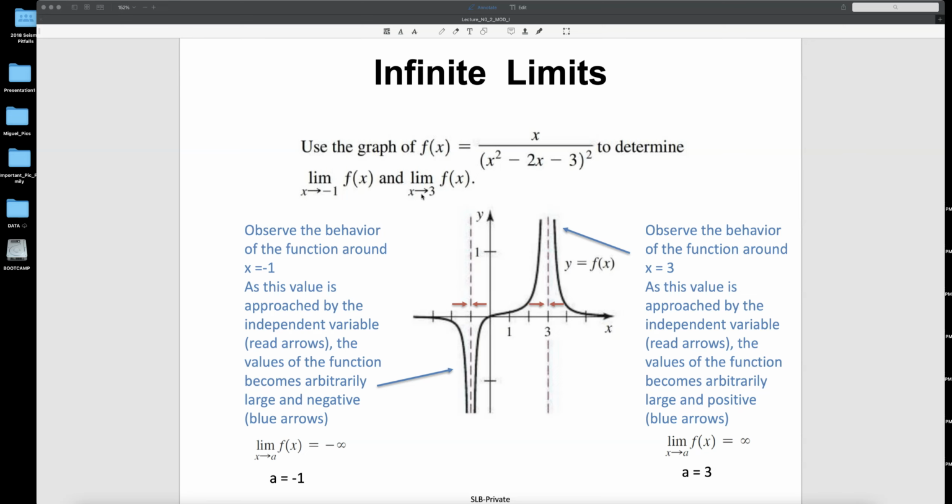Okay, so the point is that these two numbers are not just any two numbers, they are very special. If you look at this denominator, we have a quadratic function, x squared minus 2x minus 3, and everything is squared.